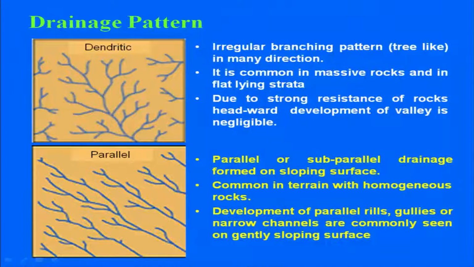Now this gently sloping surface could be a natural surface or due to tectonic deformation. So this example I was showing from Pinjore Dun, close to Chandigarh, where in the satellite photo I was showing you the parallel drainage.